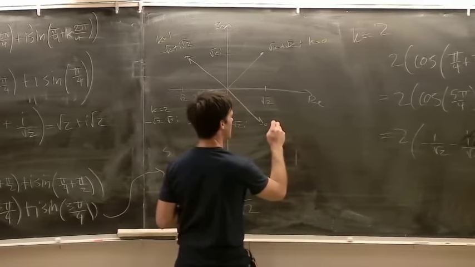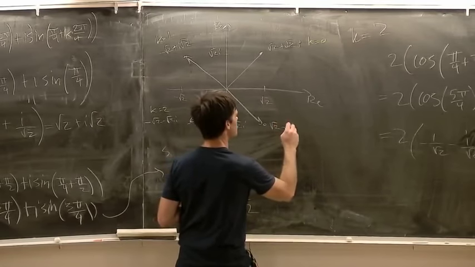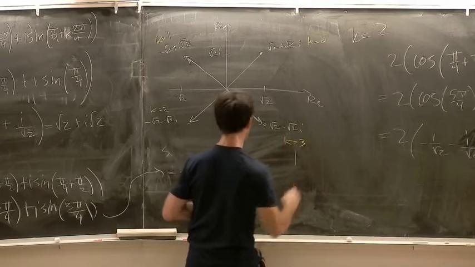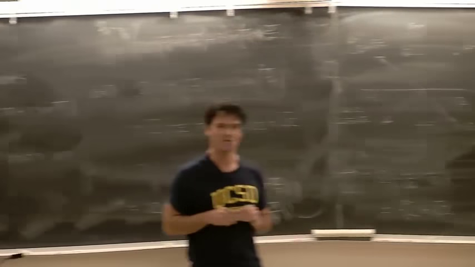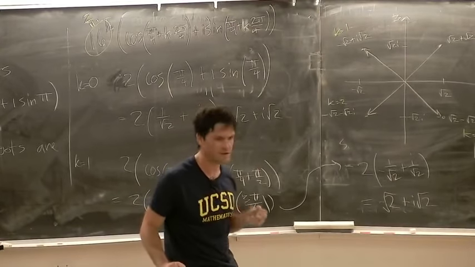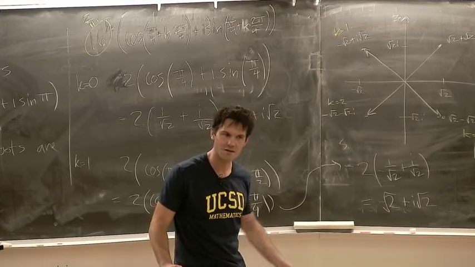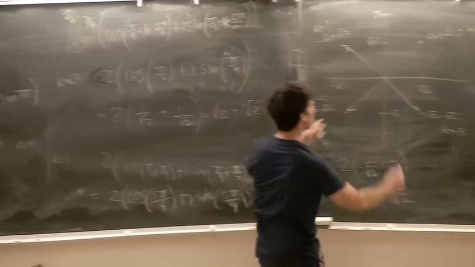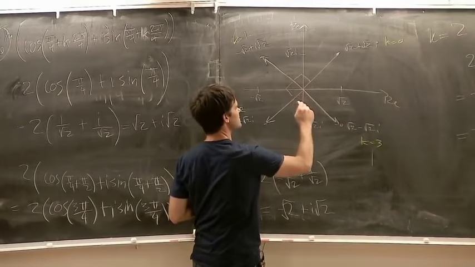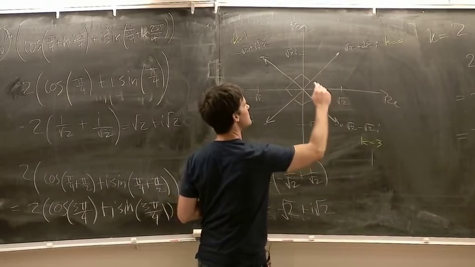This is going to be root 2 minus root 2i, and that's going to be the k equals 3 choice. So what's the sort of beautiful geometric thing I wanted to illustrate here? These are all exactly 90-degree rotations of each other.